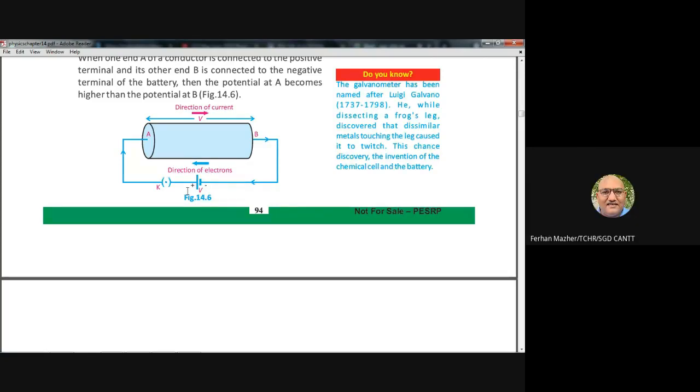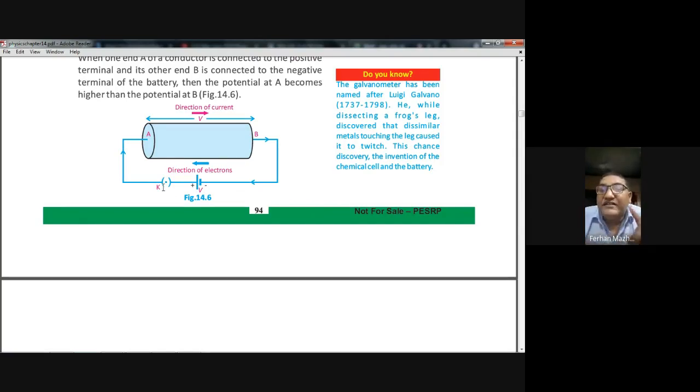For example, 10 charges. Very important idea. 10 charges came out. They go through the circuit and the 10 charges will come back. So the amount of charge which came out of this battery, the same charge should go back to the battery.